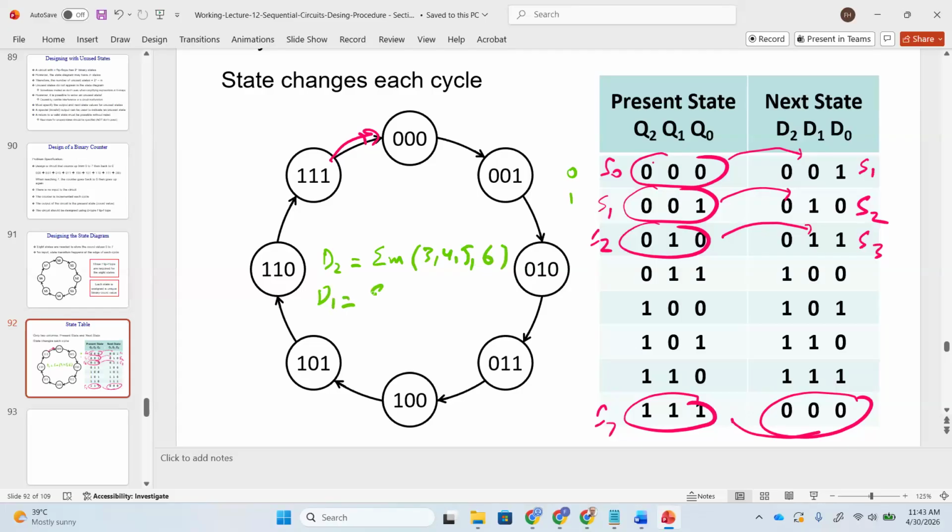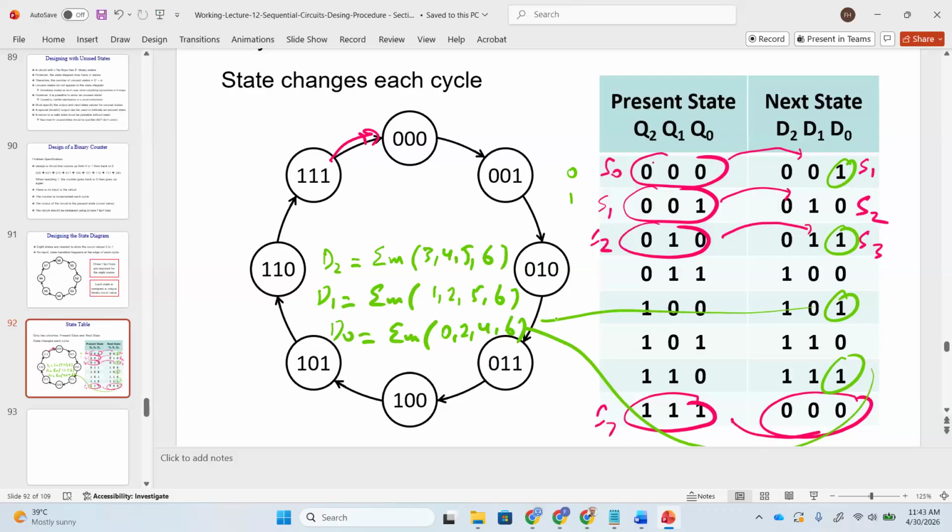What about D1? 1, 2, 5, 6. What about D0? 0, 2, 4, 6, on alternate. Got it?